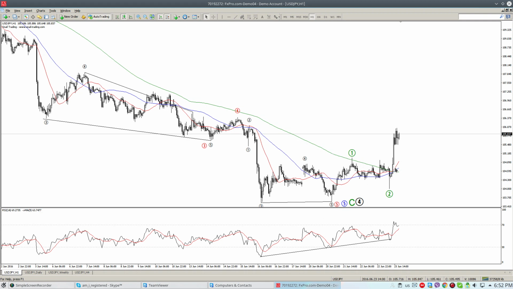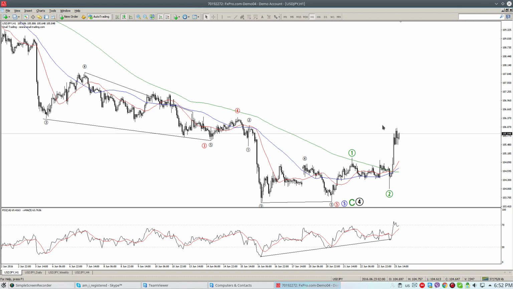This rebound, I'm talking about this rebound, and we finally got it after a false reversal here. We can see how the RSI shows divergence here, and this rebound is clearly bullish, but we need to see a break above this level to gain much more confidence on the continuation of this rebound.